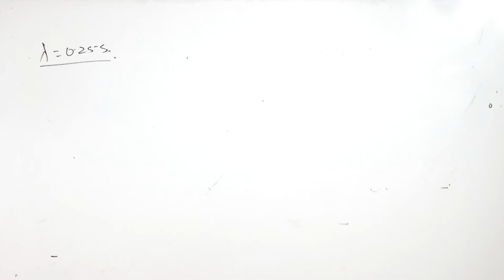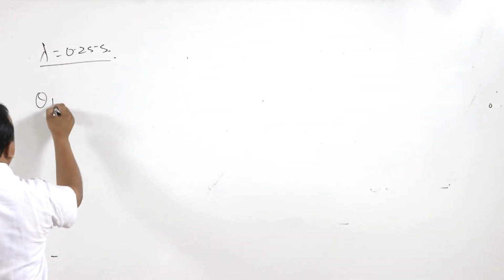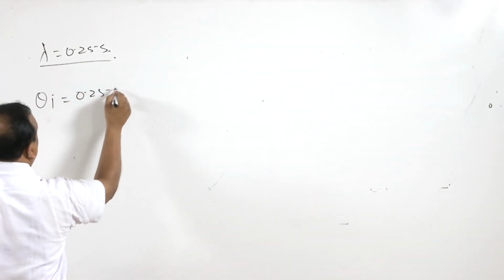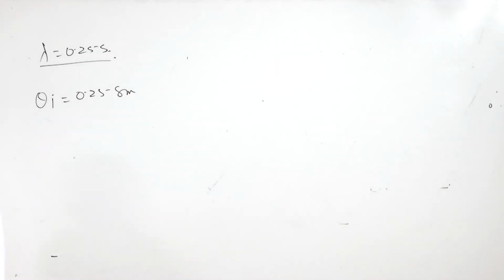Now the first order system is having a time constant of 0.25 seconds and has been subjected to a sine input giving the relationship theta i is equal to 0.25 sine 20t.